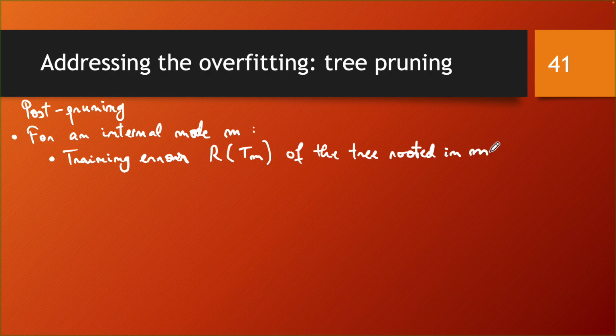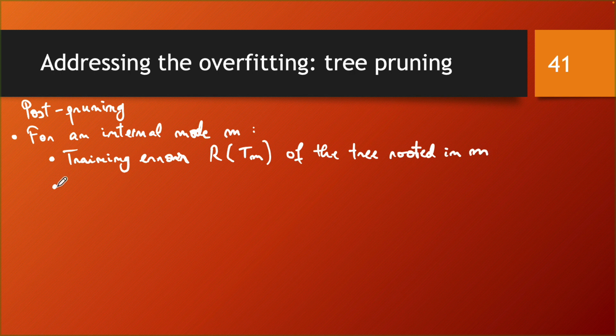That means that you check all the data points that you have reaching that node, and you go with those data points all the way to the leaves, and then you check what kind of error you are making on those data points eventually when they reach the leaves of that tree.